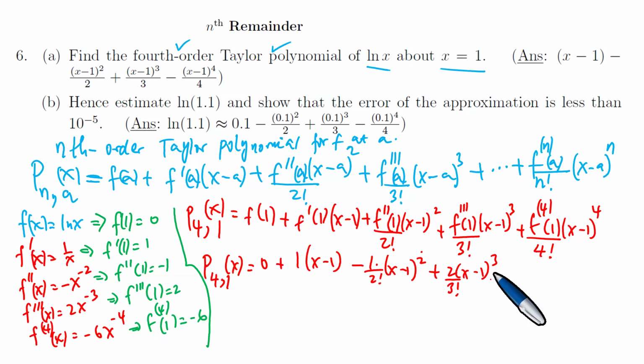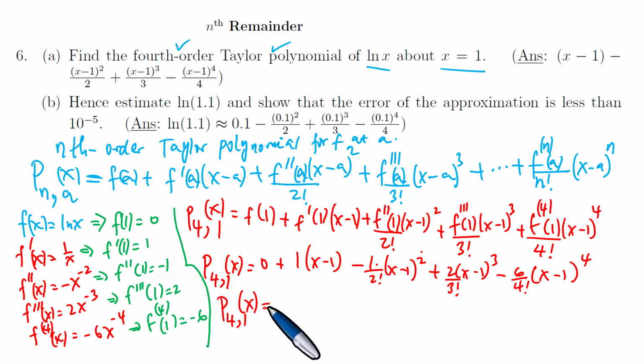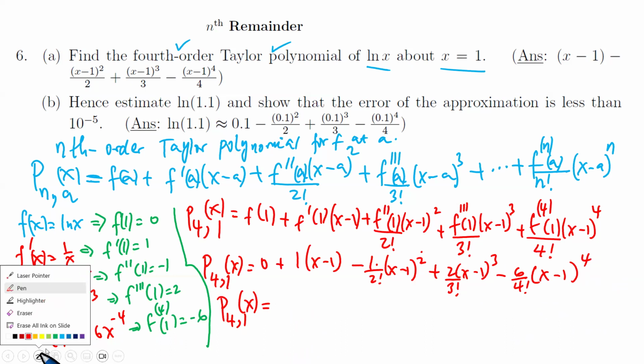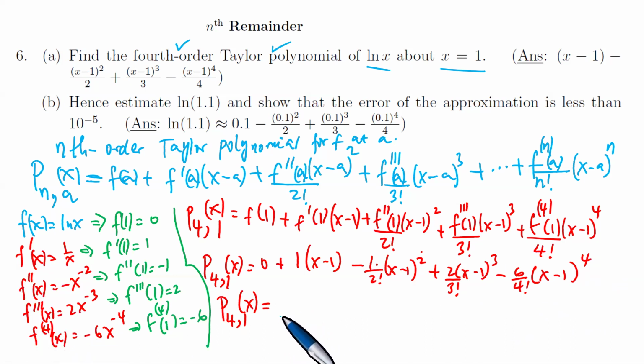Quadruple prime is a minus 6. So this is X minus 1 minus 1 half X minus 1 squared.